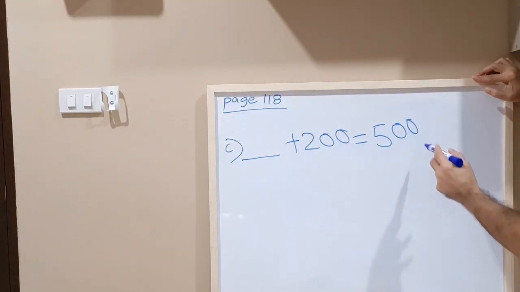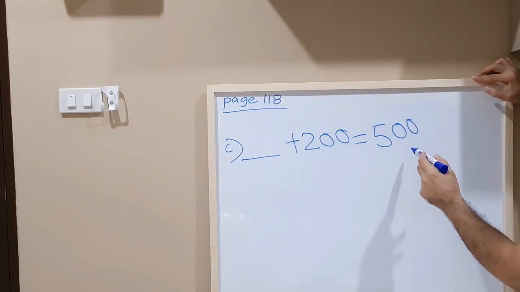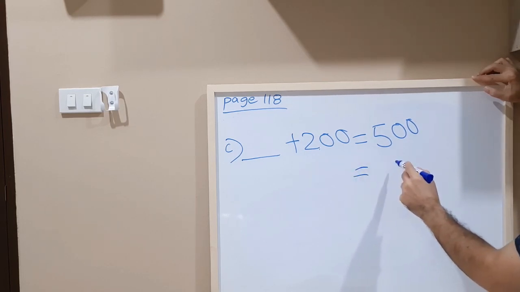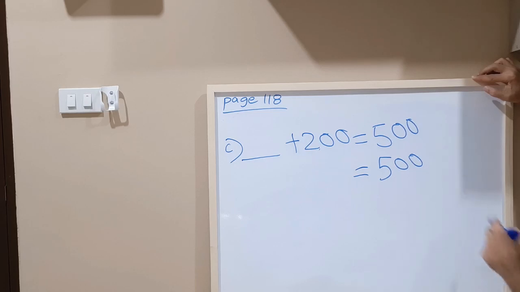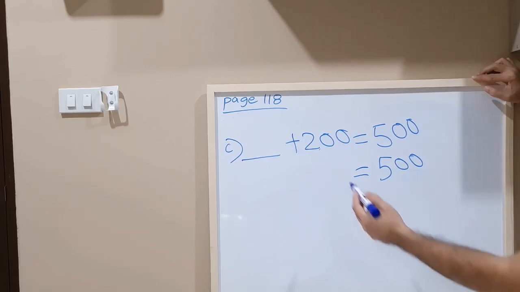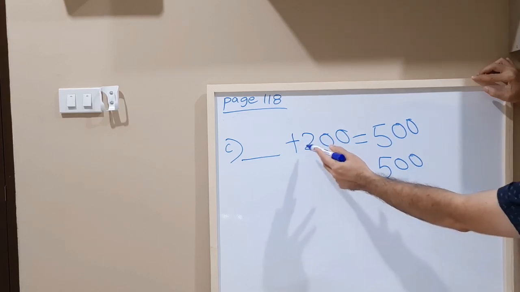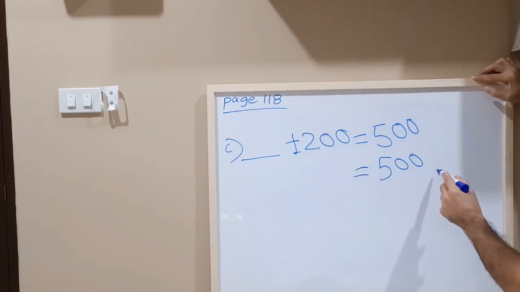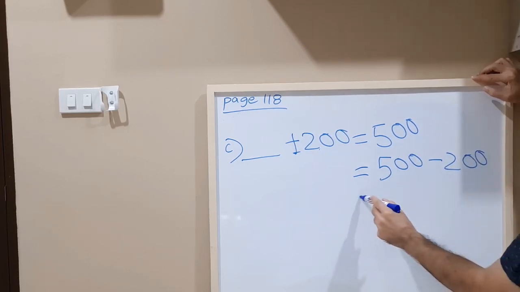We can also add. Put this over here. 500 what? This is positive. So let's make it negative. Negative 200.